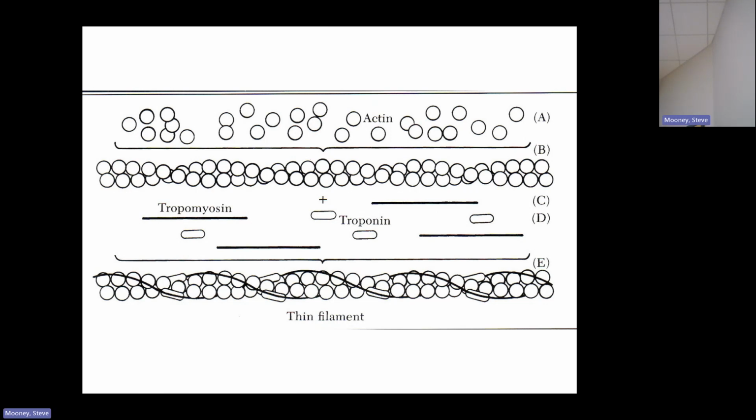So you can see that these lines are now spiraling around up and down, and then we've got the troponin sitting on the top of various spots. So you've got 3 different proteins there. It's probably more than that, but we'll talk about 3 in this class that are going to provide the binding sites that actuate movement. Everybody see how all that comes together?